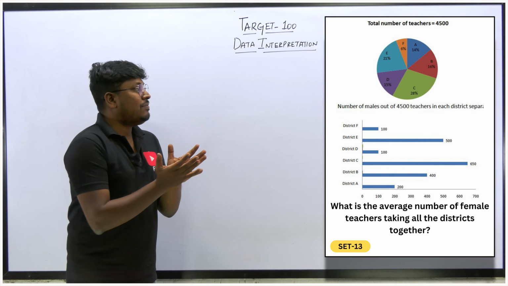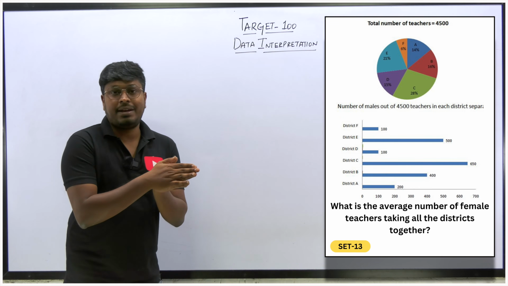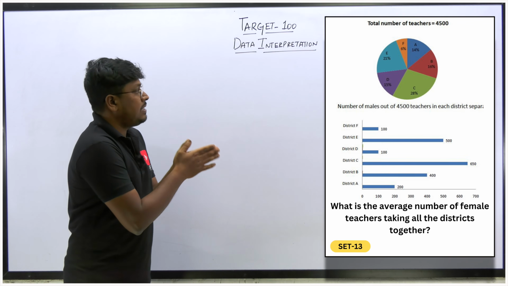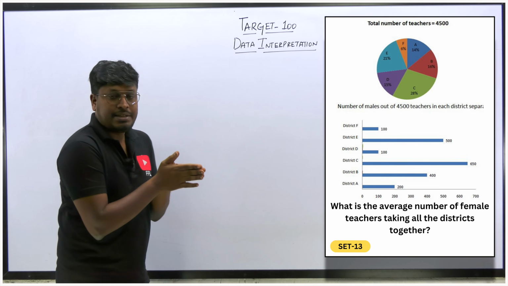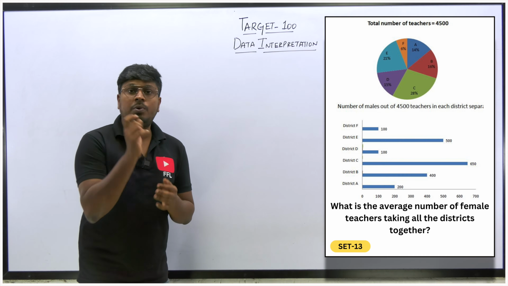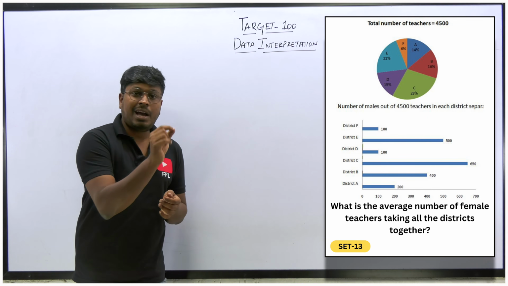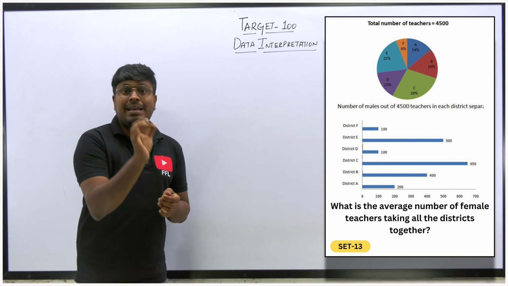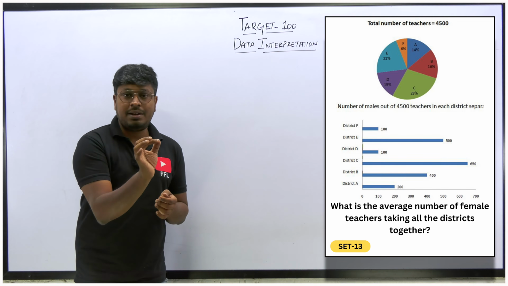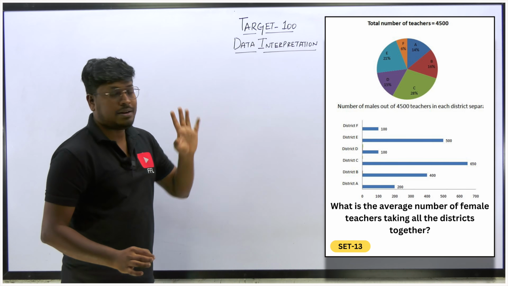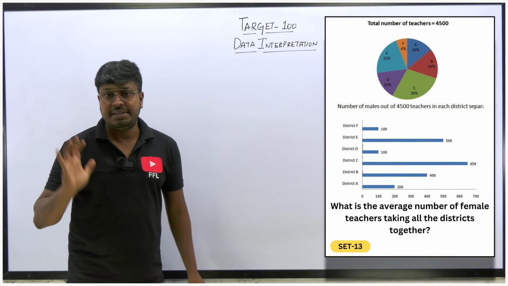So here, for female teachers, what you need to do is, for example in district A, first see how many total teachers are there in district A out of 4,500. Out of the total, you subtract this 200, so the remaining will be the female teachers.